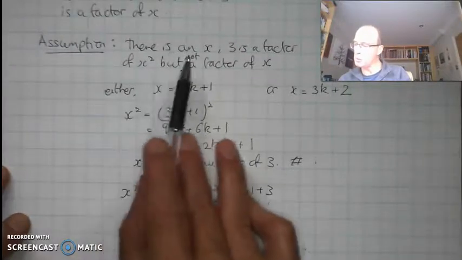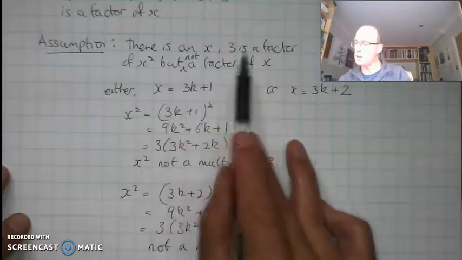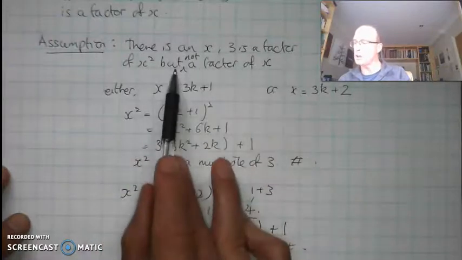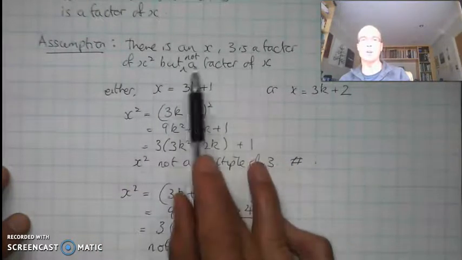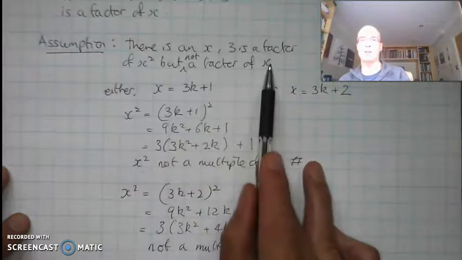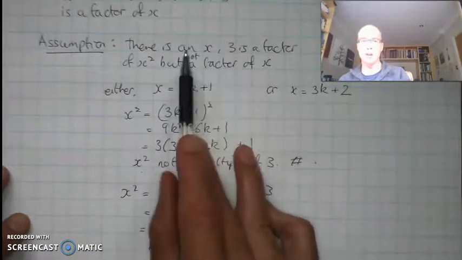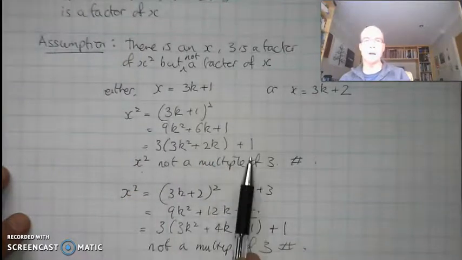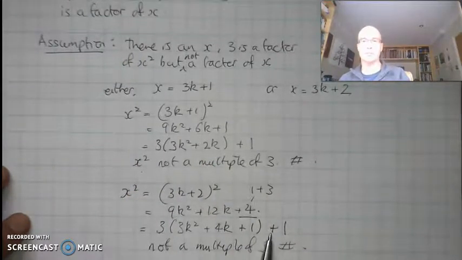So my assumption was that there's an x where 3 is a factor of x squared but not a factor of x. I've looked at all the possible numbers where 3 is not a factor of x and proven that 3 then is not a factor of x squared. I'd always end up with a remainder of 1. So I've got my contradiction.